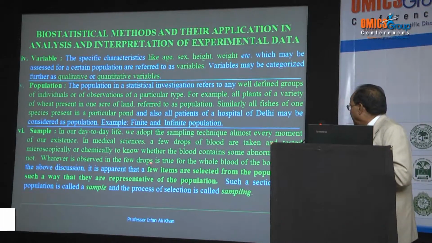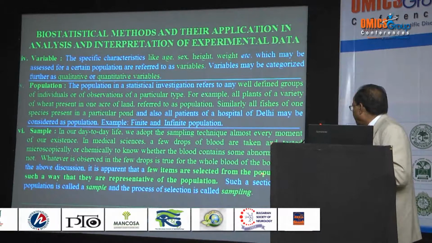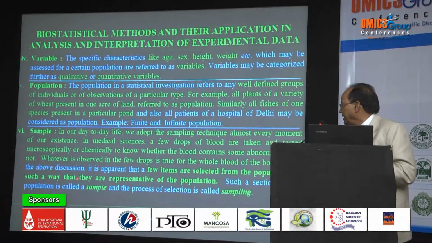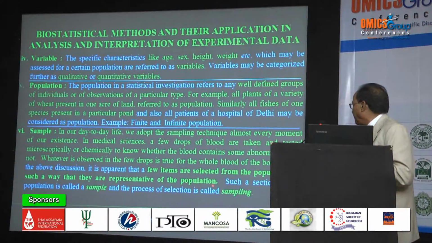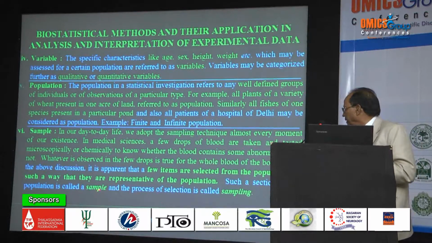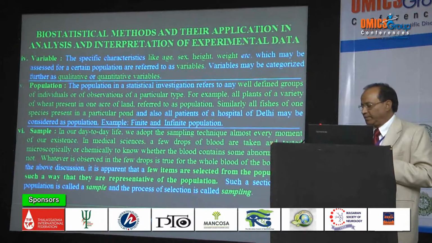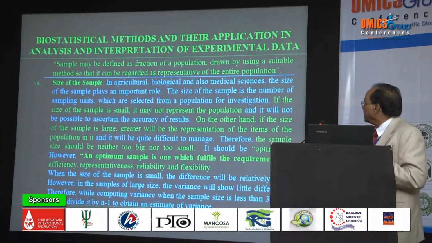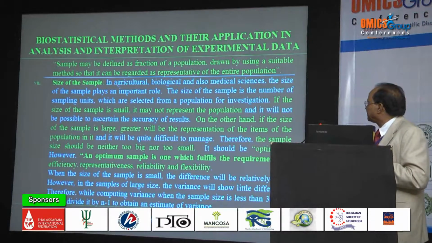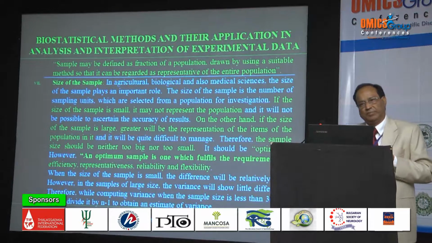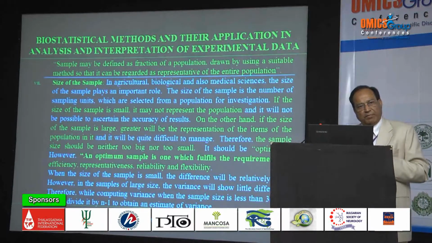When we select a few items from the population in such a way that they are representative of the population, such a section of the population is called a sample, and the process is known as sampling. The next part is the size of the sample, which is very, very important.